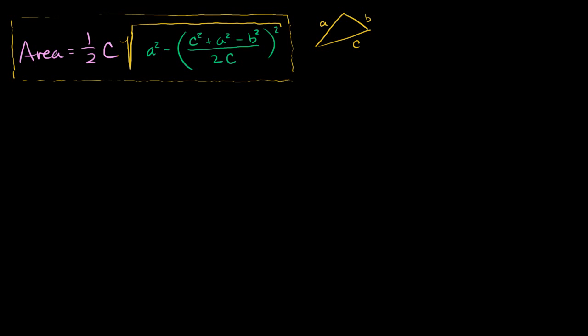So the first thing we want to do is bring this 1/2 c under the radical sign. 1/2 c is the same thing as the square root of c squared over 4. You take the square root of that, you get 1/2 c.